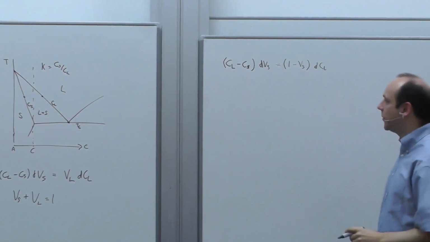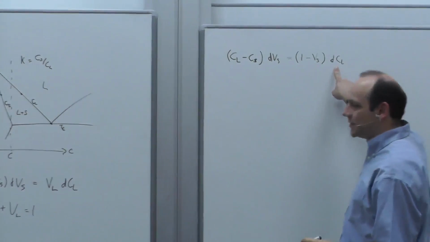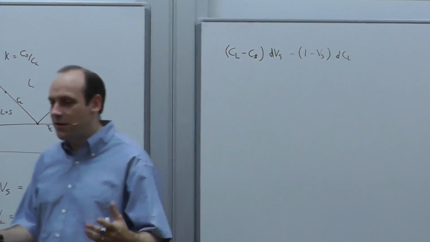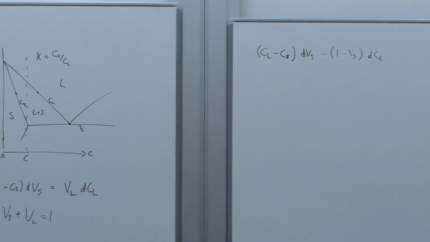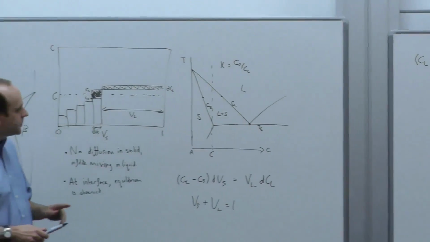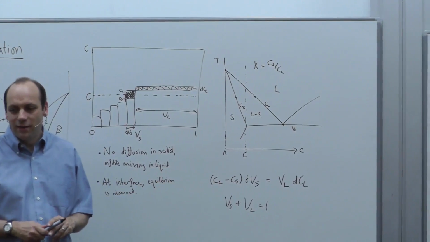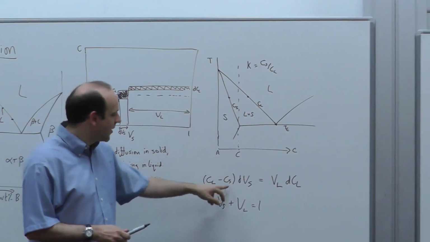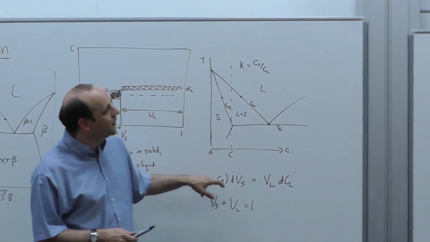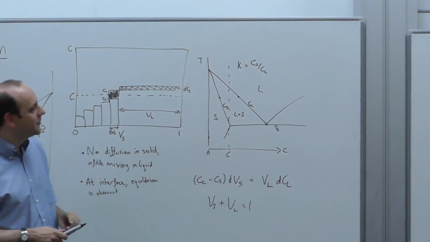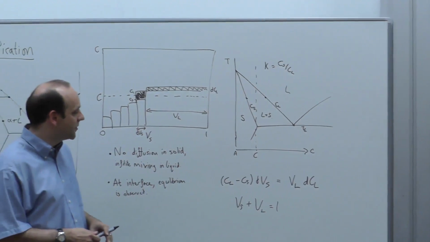Now the other thing I can do now is I've got something in dCl, so I want to substitute for my Cs in order to get something that I can have just in Cl and Vs. And then I've got a first order differential equation I can solve.